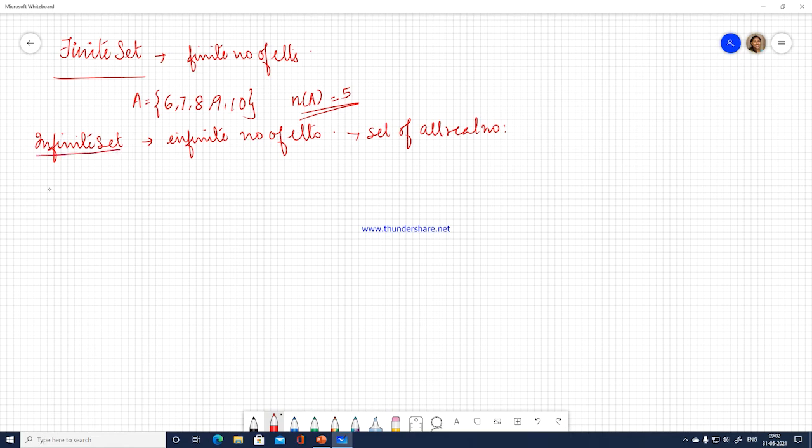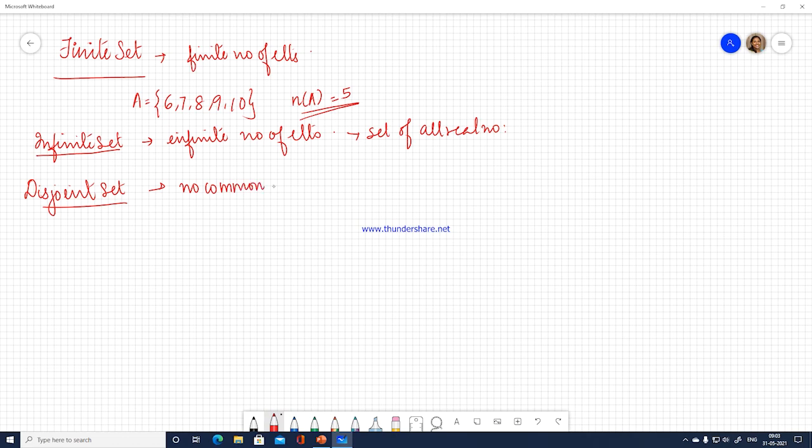Now let's find what is a disjoint set. A disjoint set means two sets with no common elements.